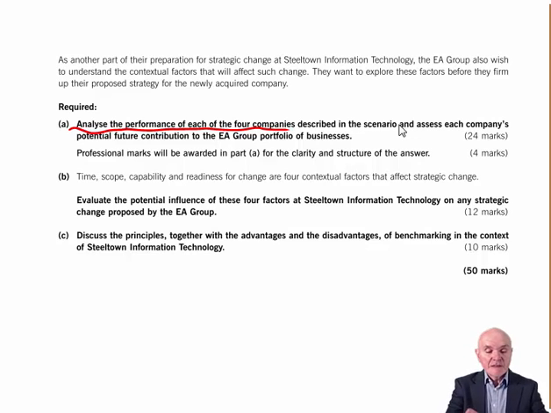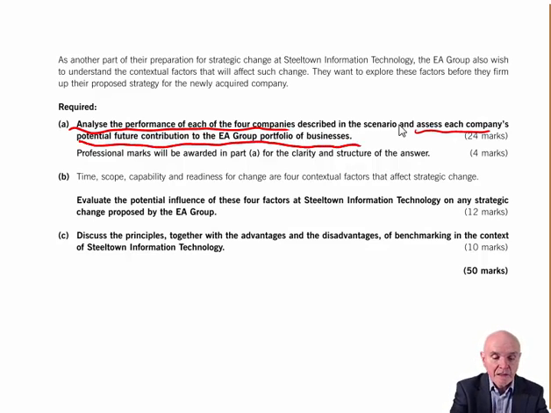And then we have to assess each company's potential future contribution to the EA group portfolio of businesses. And we see here a word which should be ringing some bells with you. It's the word portfolio.